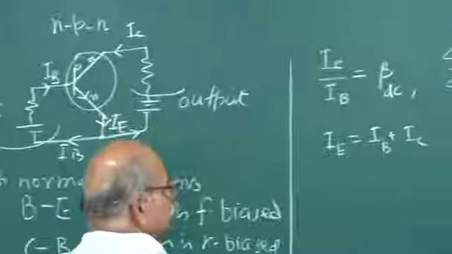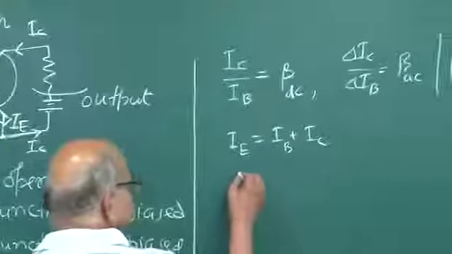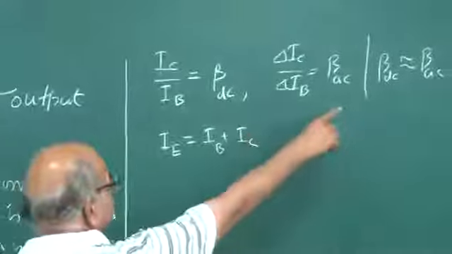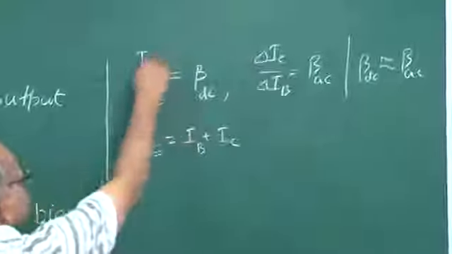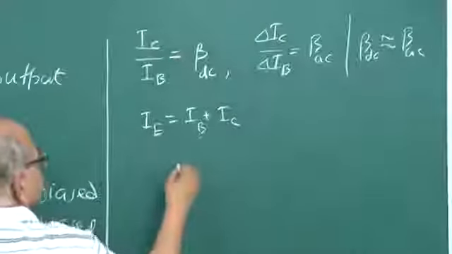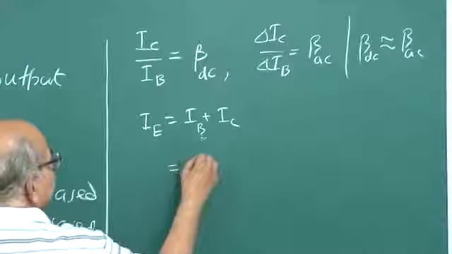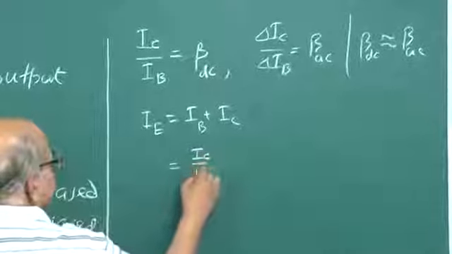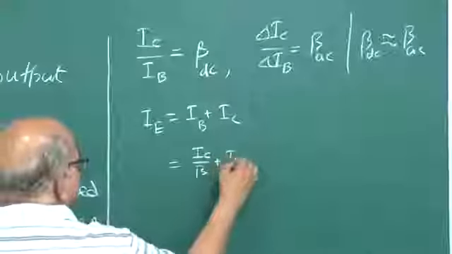And then if you write this IE, from here if you take this IB as IC divided by beta, so this will be IC divided by beta plus IC.